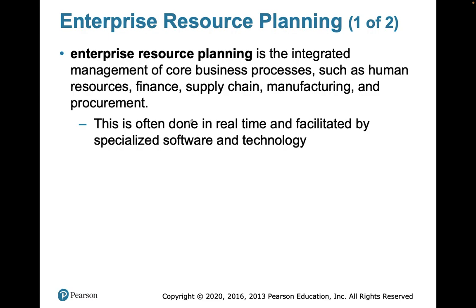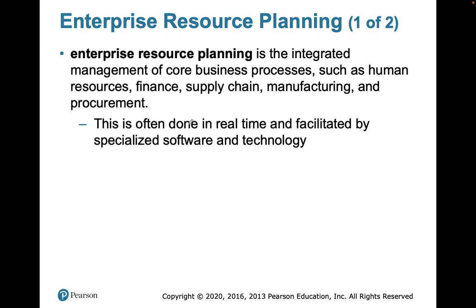This talks about the management of resources: the finance, the supply chain, the manufacturing and procurement. This can actually be done by software. These days we can use software to do all of this, and we don't have to do it manually the way we used to do for years and years.